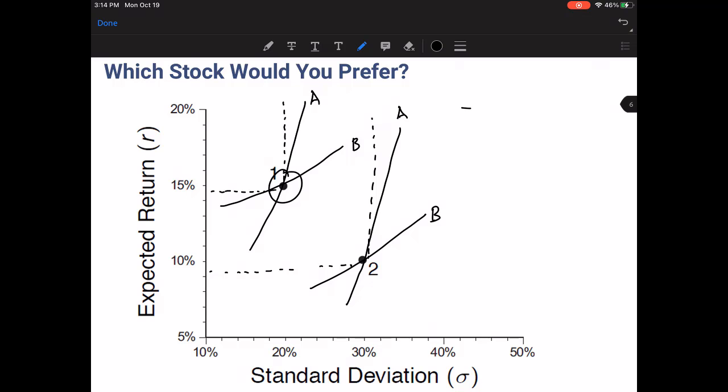Portfolio 1 has less risk, and we're summarizing risk in terms of standard deviation, and also 1 has higher returns. So portfolio 1, and I'm going to use a squiggly greater sign to indicate preferences, is strictly preferred to 2, based on our assumption that we don't like risk and we prefer more returns whenever possible.